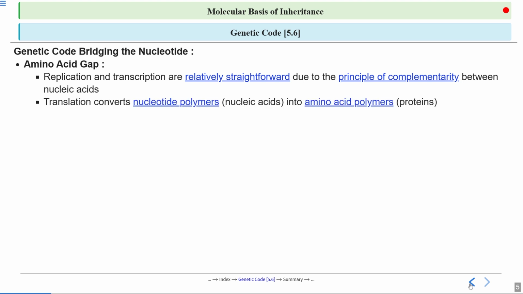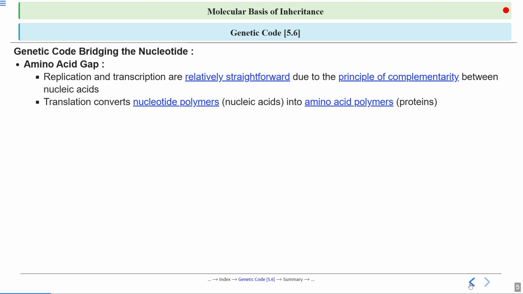But what does translation do? Translation converts nucleotide polymers, that is the nucleic acid, into amino acid polymers, which are proteins. We talked about replication, then transcription. In both cases we are using the principle of complementarity, which is very simple: purine is going to complement with pyrimidine.